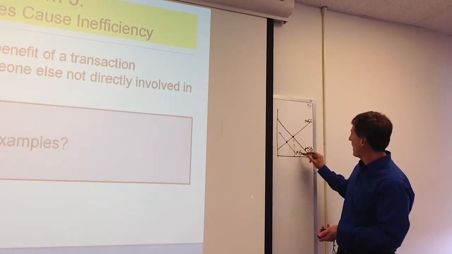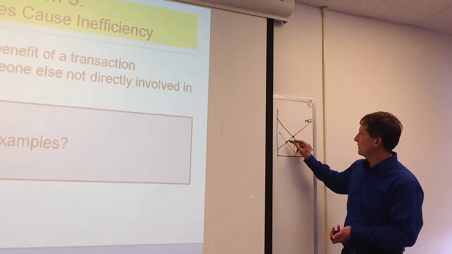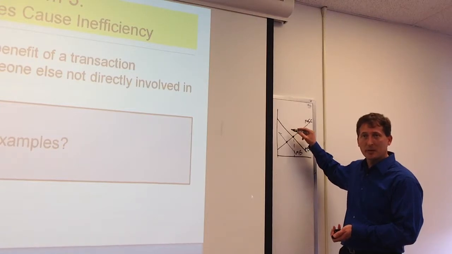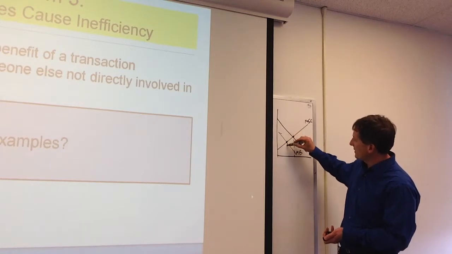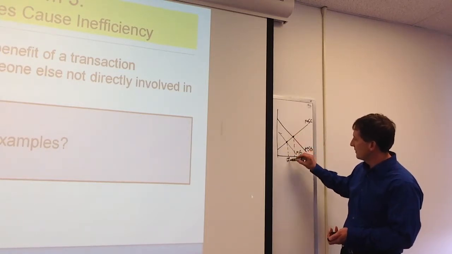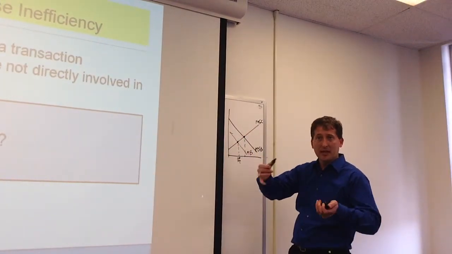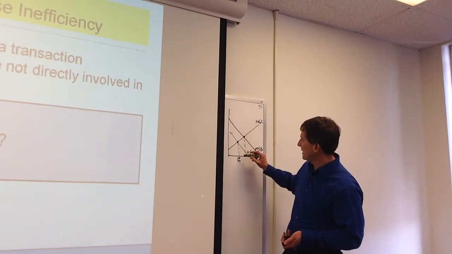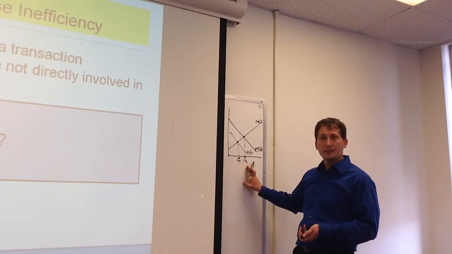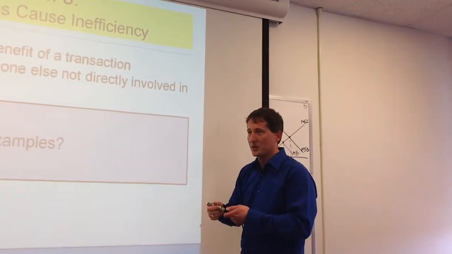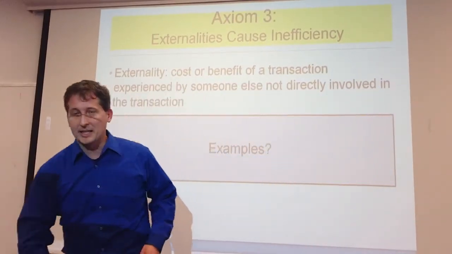So if the private benefit of an education is here, but society benefits from having more smart people running around rather than dumb people, the people who find that advantageous, the private benefits, are only going to consume education up to this level. But through the self-reinforcing effects and the other externalities that go on from having some smart people around, we would like to have more. And so it's inefficient anytime we have an externality, whether it's an external benefit or an external cost.